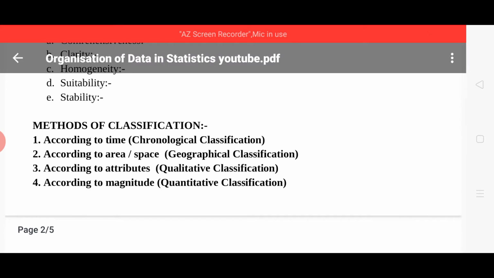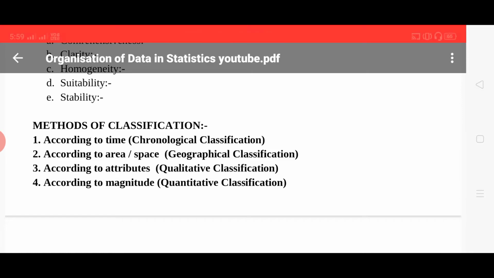Now, what are the methods of classification? The very first one is according to time, meaning chronological classification. Here we take the basis of time, that may be day, month or year. According to area, space, that may be on the basis of village, district, town, state, country or continent.